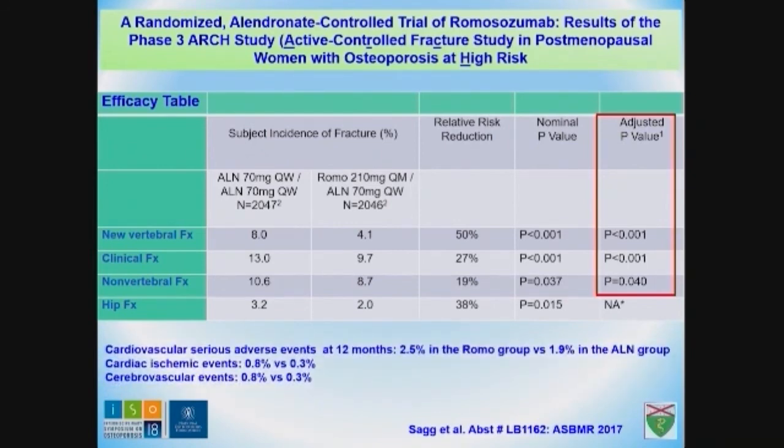Unfortunately, in that study, there was a slight increase in serious cardiovascular risks, with 2.5% in the romosozumab group, 1.9% in the alendronate group. Cardiac ischemic events were also unbalanced, with an increased but very low incidence in the romosozumab group, and scarily cerebrovascular events. So this drug is now on hold at the FDA. They're being asked to adjudicate their other trials for cardiovascular signals.